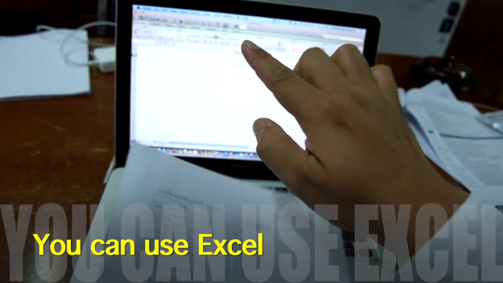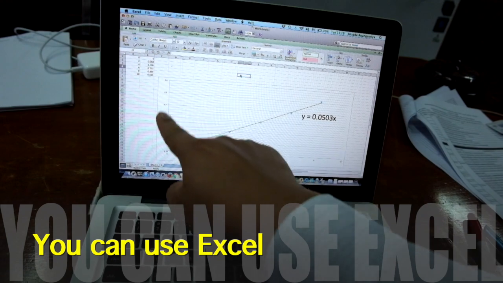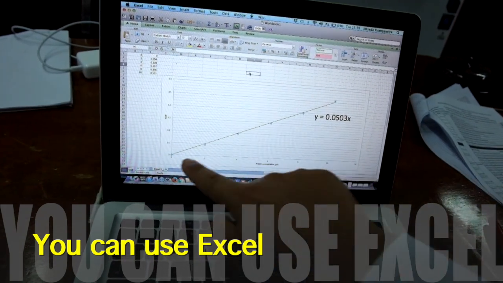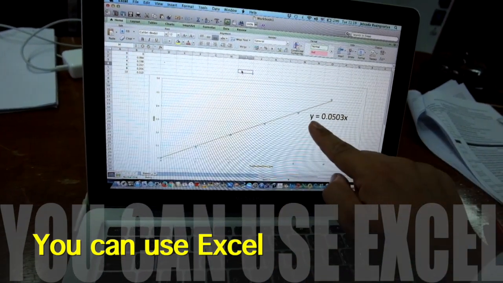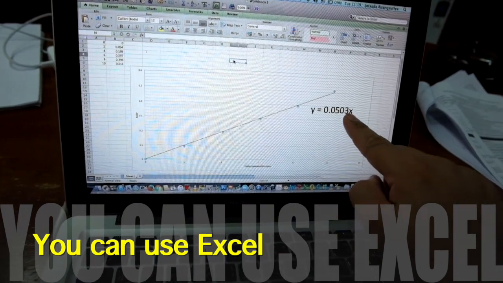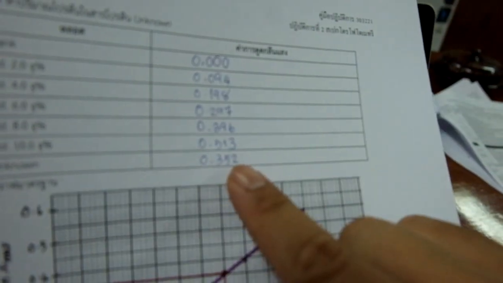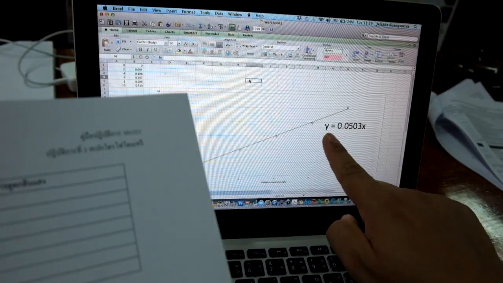Or you can use the Excel program and get the linear equation of the curve, placing the y value into the equation to solve for the x value. Once you know the concentration, you can now calculate the amount of the protein in it.